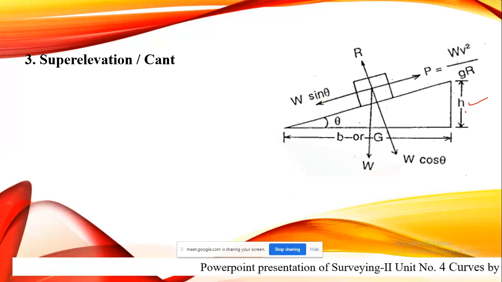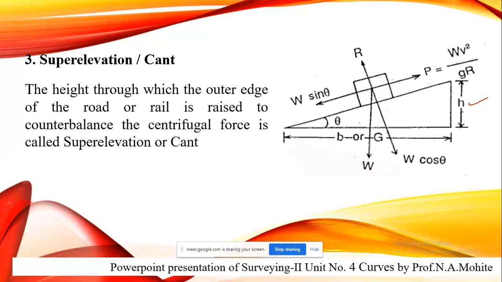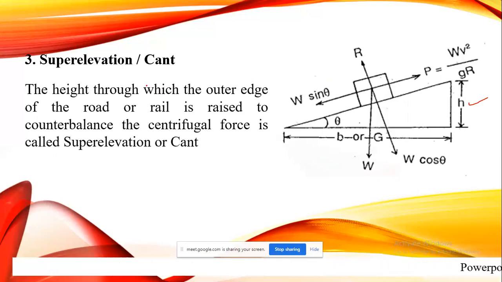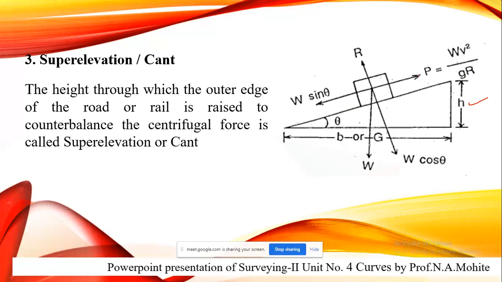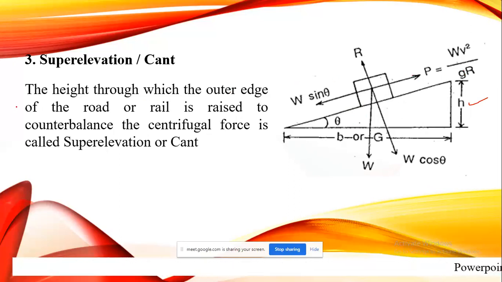So what we get is the equation, W sin theta is equal to WV square by GR. We are going to equalize them. The height through which the outer edge of the road or rail is raised to counterbalance the centrifugal force is called super elevation or cant.